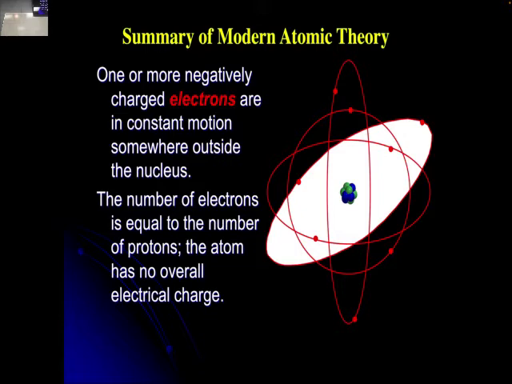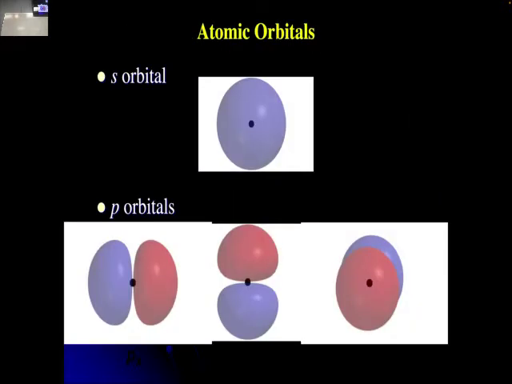Those are the orbitals that we'll talk about. And we know that in an electrically neutral atom, the number of electrons must equal the number of protons, right? So if I don't have an ion, so if I just have carbon, I know that the number of electrons is equal to the number of protons, and so that makes the overall atom neutrally charged.